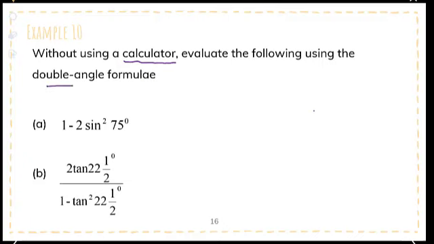Okay. So for the first question, they are asking us to find out what is 1 minus 2 sine square 75 degree. So we're going to look back at our double angle formula and find out which expression suits 1 minus 2 sine square 75 degree.